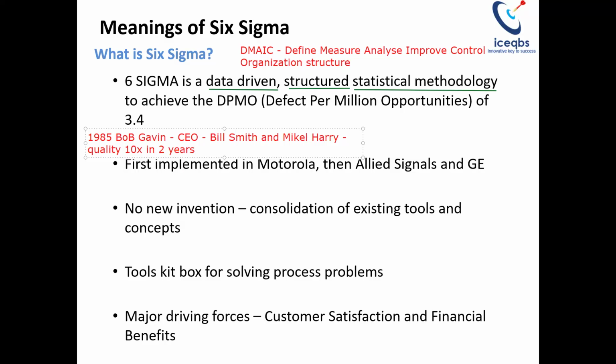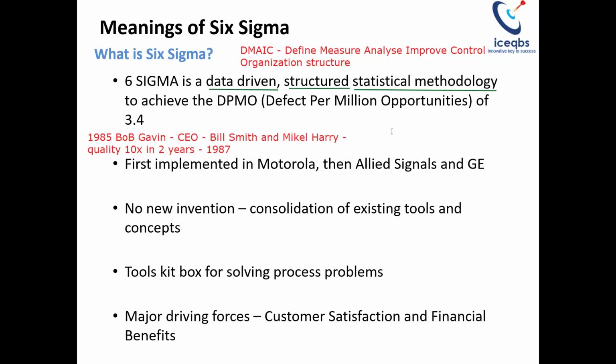He asked them to do a lot of research, and after 2 years he wanted them to come out with a methodology so that quality could be improved 10 times in 2 years. These two people worked from 1985 to 1987, and Six Sigma was first rolled out in Motorola in 1987.